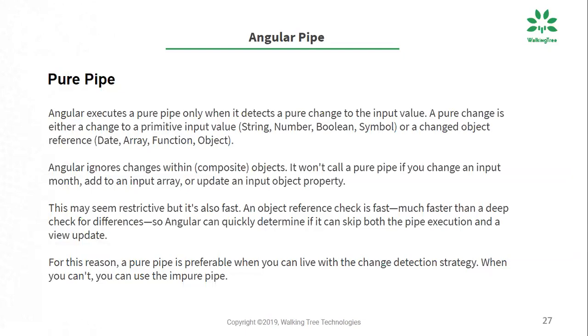Suppose inside the object I have just changed the age of the employee to a different value. Angular cannot track those things. So these are called pure pipes, where Angular will not track the internal changes of the object, only the reference change and the value change.